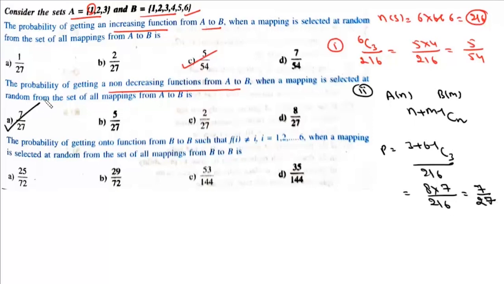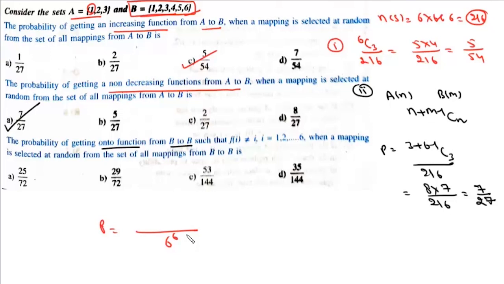And then we have the third one, which is the probability of getting an onto function from B to B such that f(i) is unequal to i when a mapping is selected at random from the set of all mappings from B to B. Here in this third question, we are considering mappings from B to B. The total number of mappings from B to B will be 6 to the power 6.